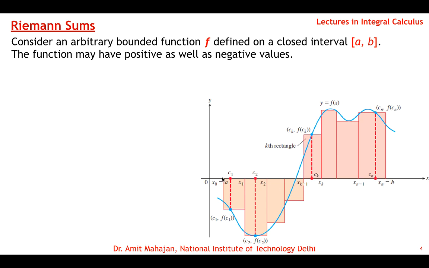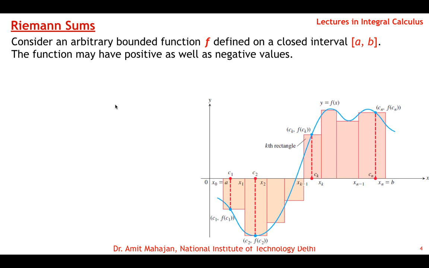So from f of a to f of b, okay. The function may have positive as well as negative values. So you can see that at some points the function takes negative values, and at some points it takes positive values, okay. So this is just a general curve. One can also have any other form of curve, okay.